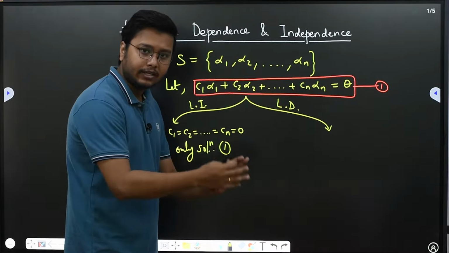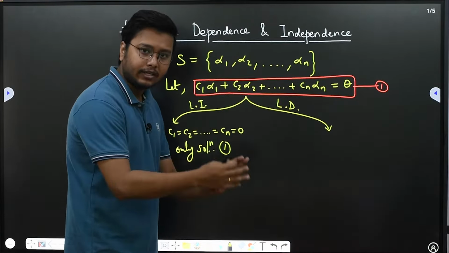Therefore T must be linearly independent. So again I'll sum up what we did: if I take a subset of a linearly independent set, it's still going to remain linearly independent, and if I take the superset of a dependent set, it's still going to remain linearly dependent. The opposite things we can't say anything about.